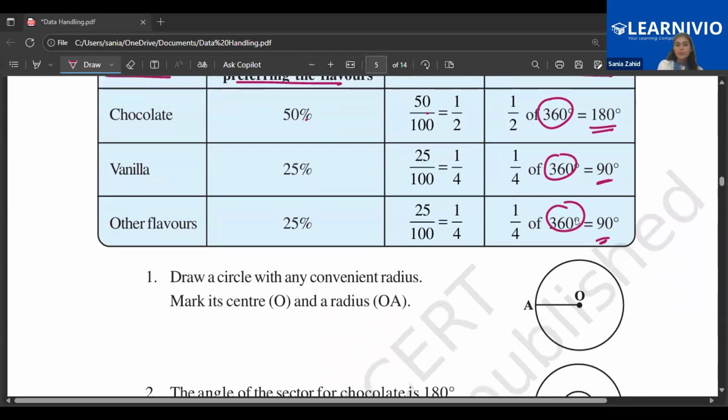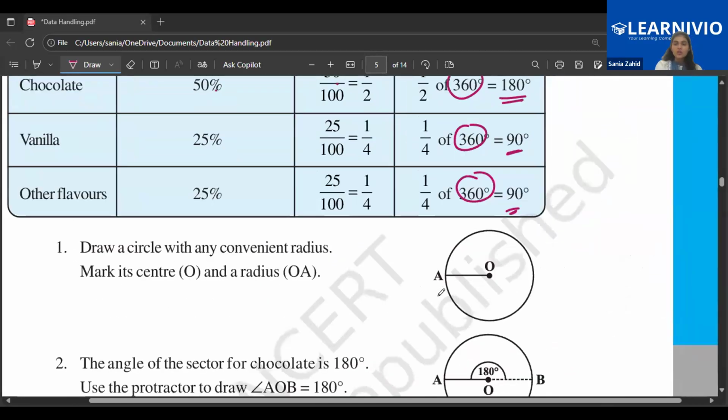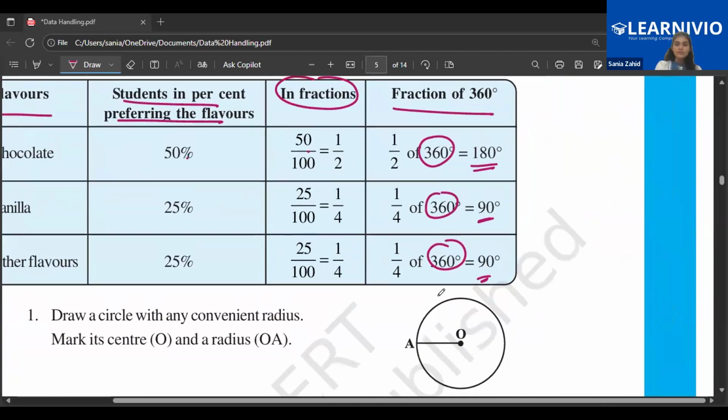Okay, children. Now, let's come to how are we going to draw the chart. So, children, you see, first of all, you will take your compass and you will draw a circle of any radius. I will suggest you take a circle of approximately 3 or 4 centimeter radius. Okay?